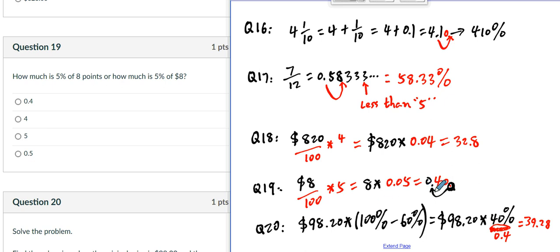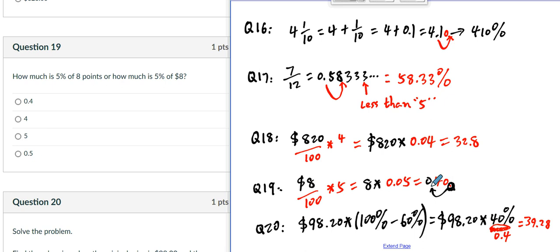So you will get 0.40. All you do directly is 8 times 0.05, which will give you 0.40. It's like you use 5 times 8 is 40. The decimal point was here. Then you have 2 digits right here, so you shift these digits 2 places to the left.